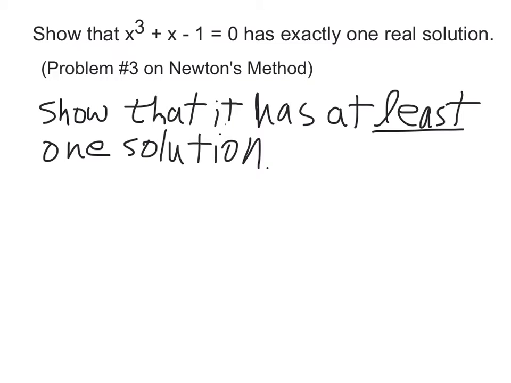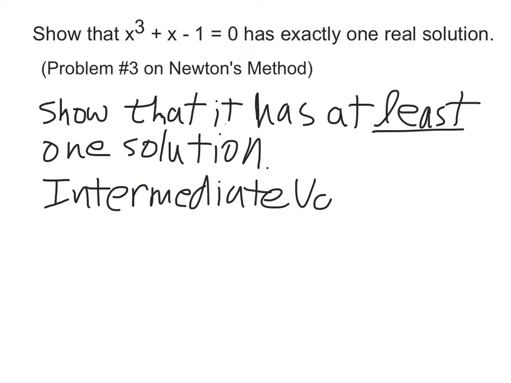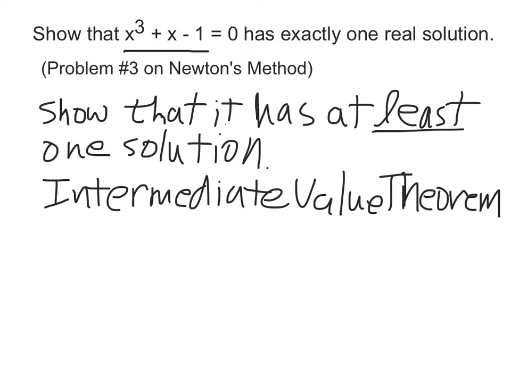But from the intermediate value theorem, the idea here is when we look at the function, let's see, f of 0, plug 0 in for x, and we get what for the function value?